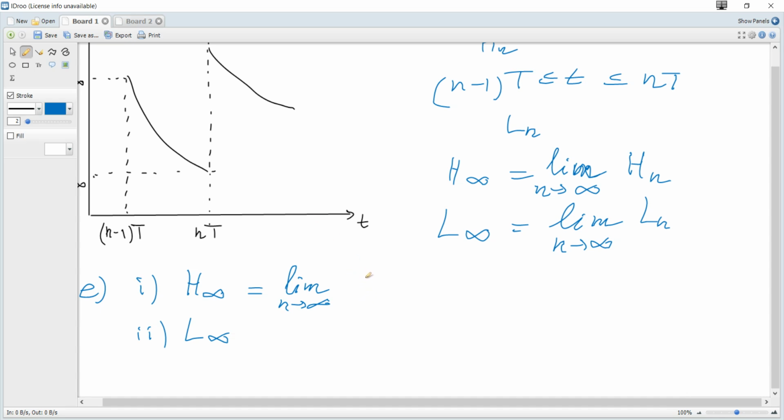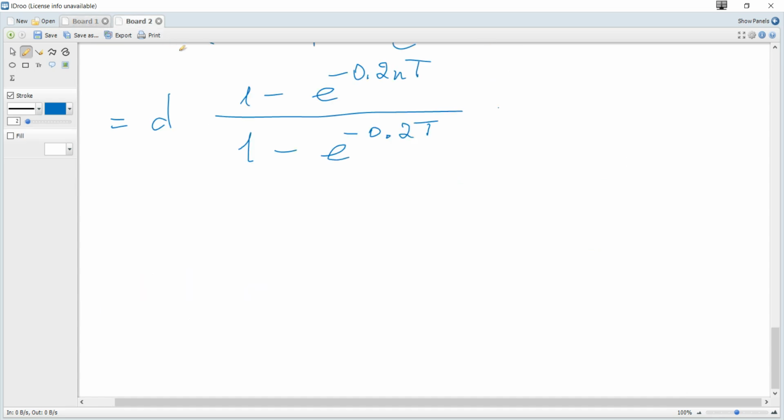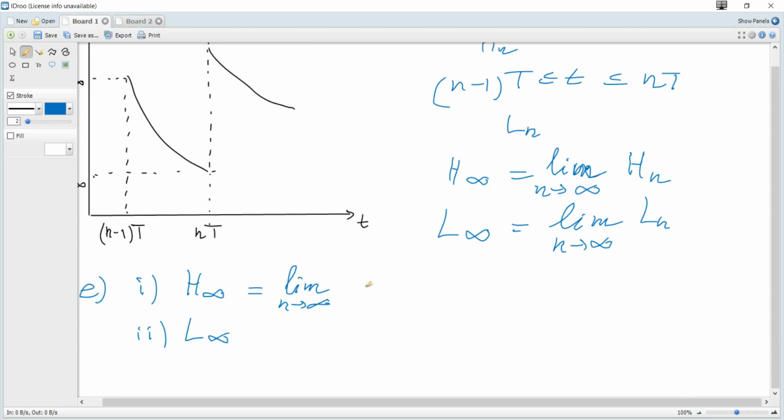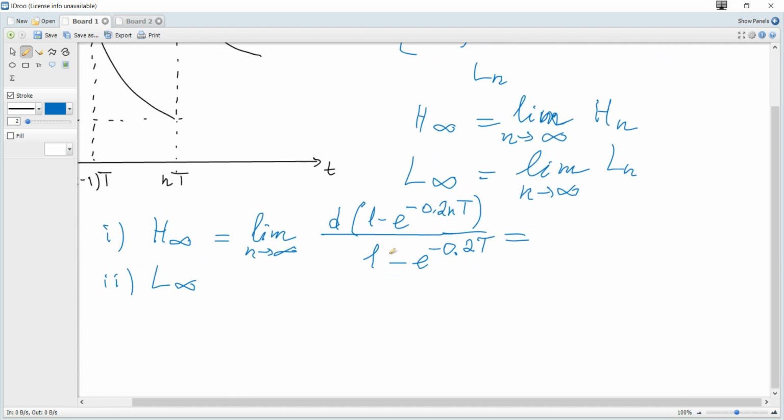The remaining or total concentration is given by this, so we just consider this: D(1 - e^(-0.2nT)) divided by (1 - e^(-0.2T)).